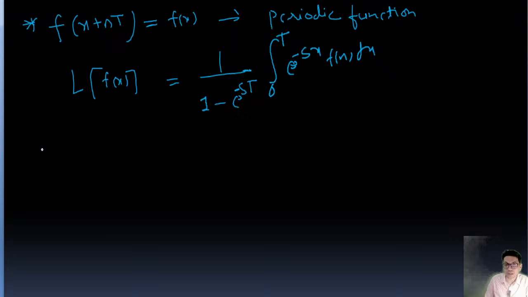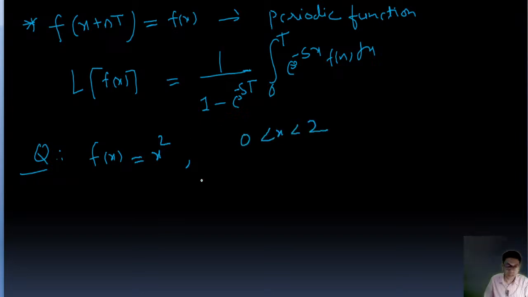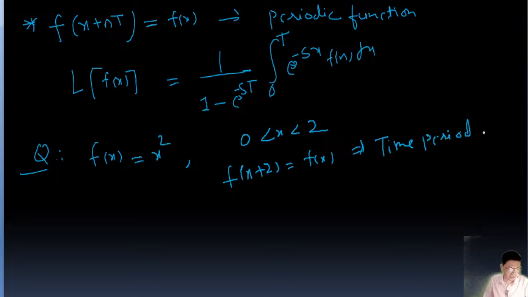And so now I will give an example. I'll solve examples. The question is, as an example, f(x) equal to x square, where x is between 0 to 2, and f(x+2) equal to f(x), which means the time period T equal to 2.